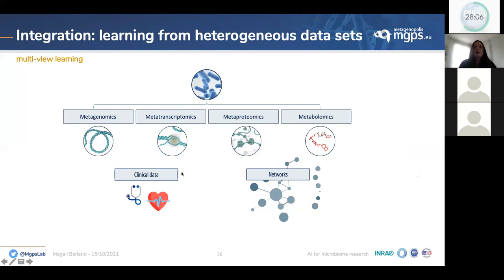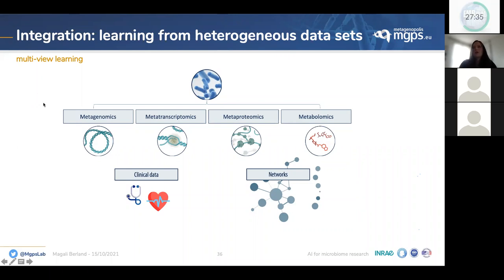Plus additional clinical data, and for example, other types of information like networks or images or something else. And the branch of artificial intelligence trying to integrate all this data is called multiview learning, and it's quite a hot topic currently to try to make sense of so much data concerning only a small number of samples.